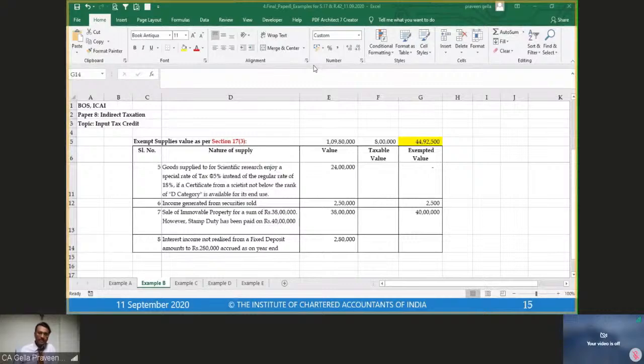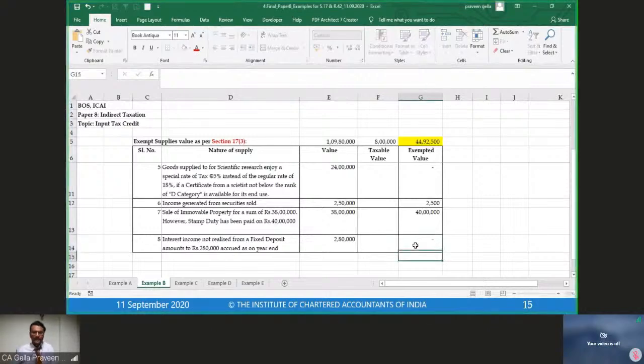Value of transportation by way of a vessel. These are the two things which are excluded. So this particular activity, I would say 0, because as per Rule 43, this should not be considered. So my answer for example number B is 44,92,500.